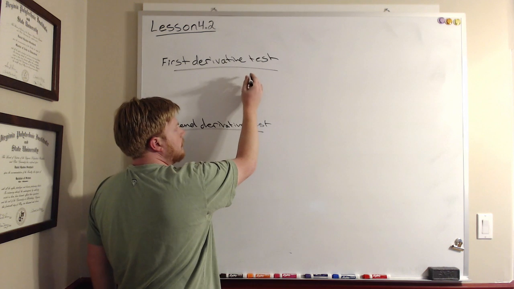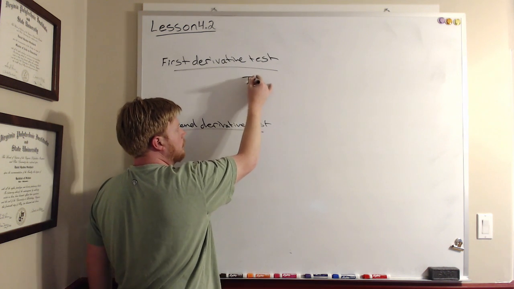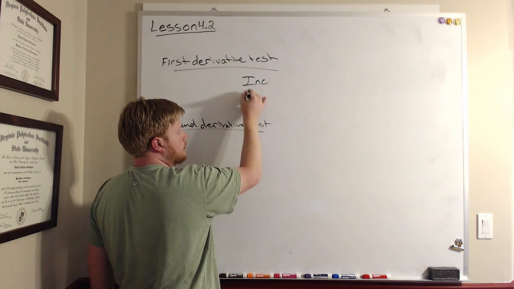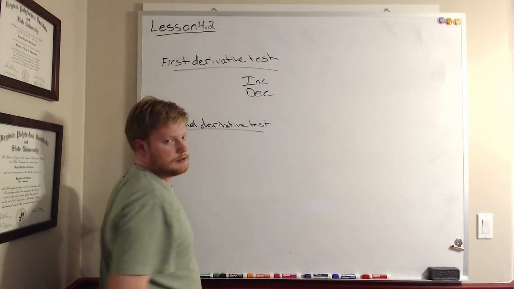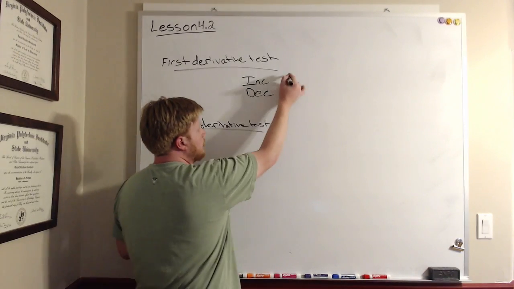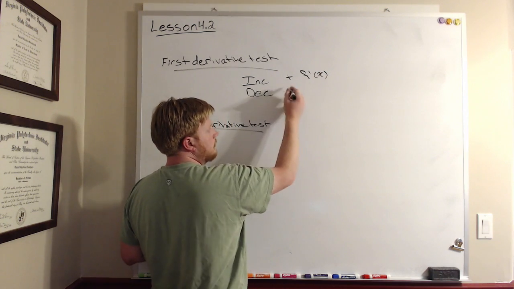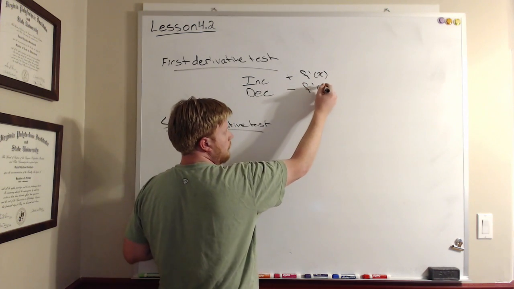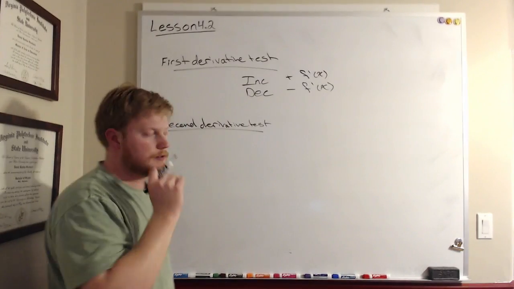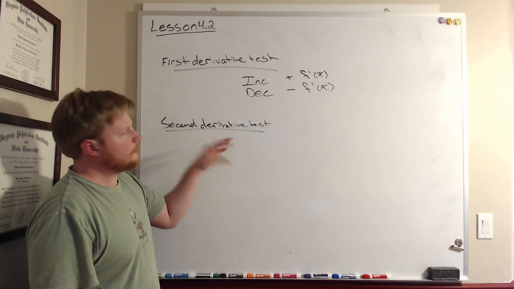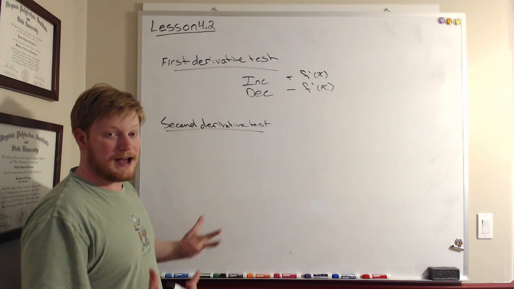So the first derivative test tells me something about increase and decrease, right? So positive first derivatives or negative first derivatives. The second derivative test tells me something about concavity.